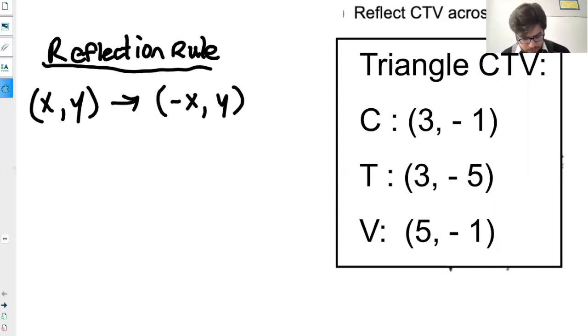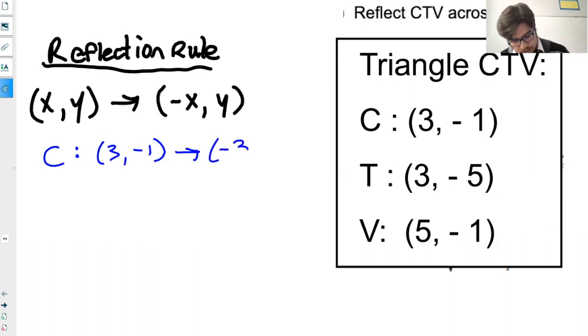So let's try an example right here. Let's make this in a different color, and let's look at C. C has the point (3, -1). Here I can reflect across the y-axis, which means all I'm going to do is change the sign of the x value.